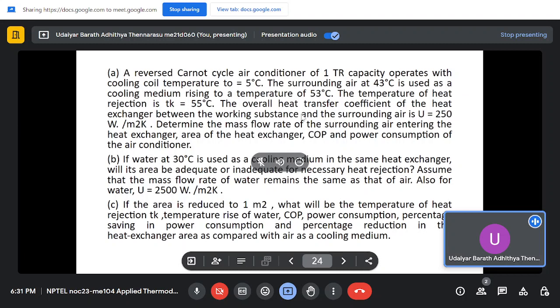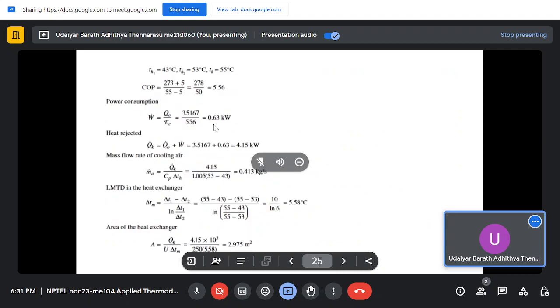Then determine the mass flow rate of the surrounding air entering the heat exchanger, the area of the heat exchanger, the COP, and the power consumption of the air conditioner. This is the first part of the question. We'll solve this and come back again for part B. Initially we know that in a refrigerator, I'll show you.